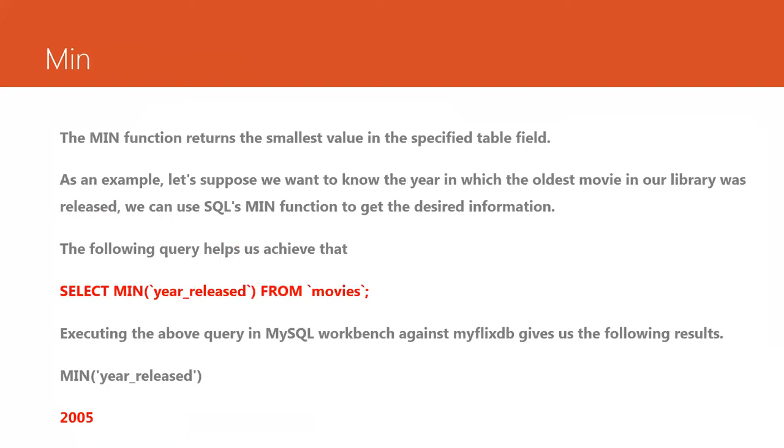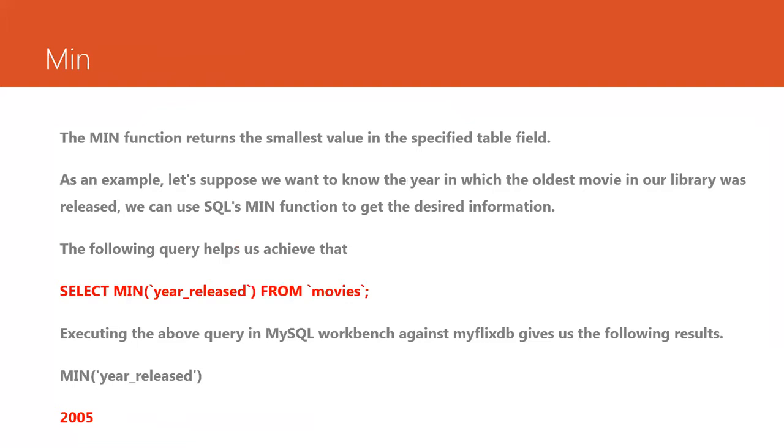Minimum, that means the min function. The min function returns the smallest value of the specified column. As an example, let's suppose we want to know the year in which the oldest movie in our library was released.